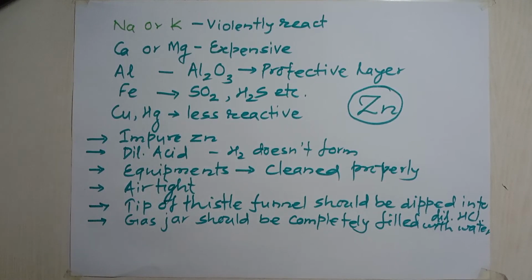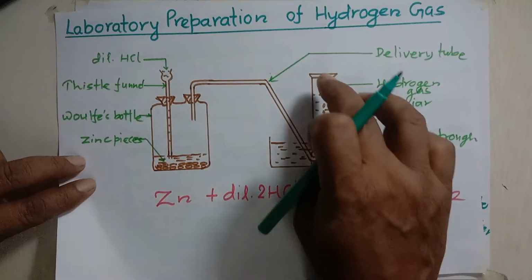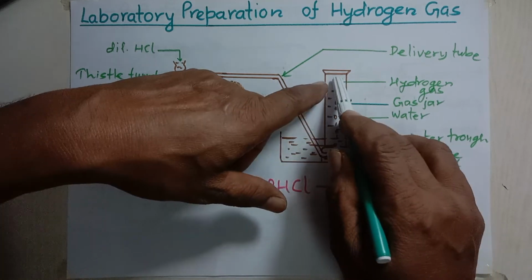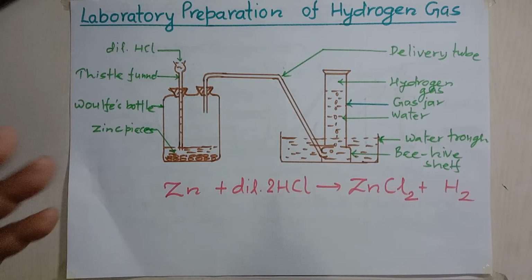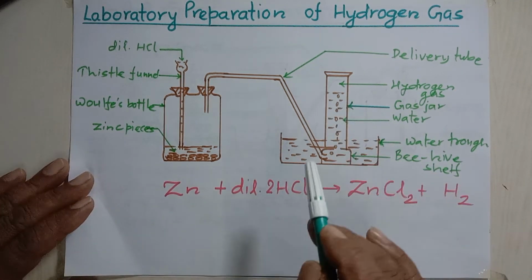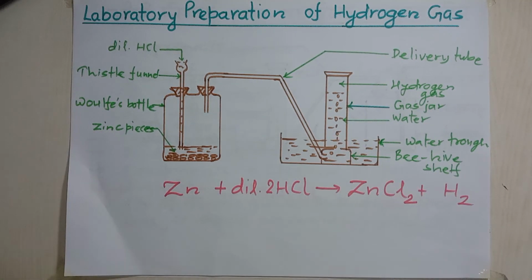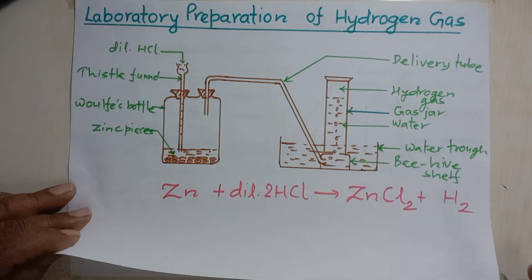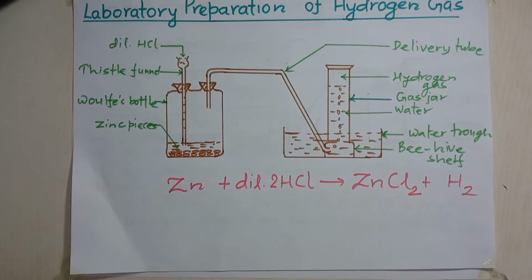Again, we have to see the diagram. If this gas jar is not completely filled with water, then what happens? If a little space is left, that space actually contains air, and that's why our hydrogen gas is not pure. Hydrogen gas may not be collected. If there is air, then a mixture of air and hydrogen gas is produced in this place. That's why we should be very careful.